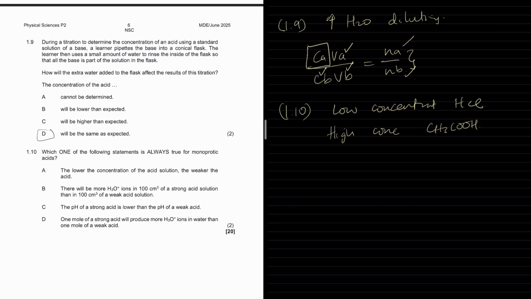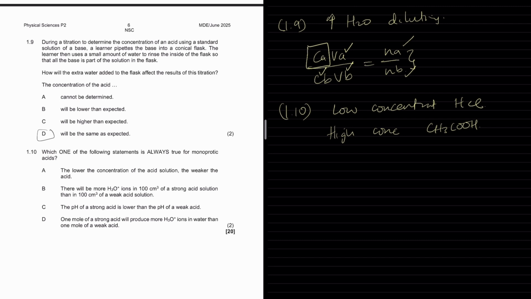It's not going to be the same. C, the pH of a strong acid is lower than the pH of a weak acid. That's also false. And that's false because, again, it depends on the concentration. You can have a high concentration of a weak acid and have a lower pH. It is possible.